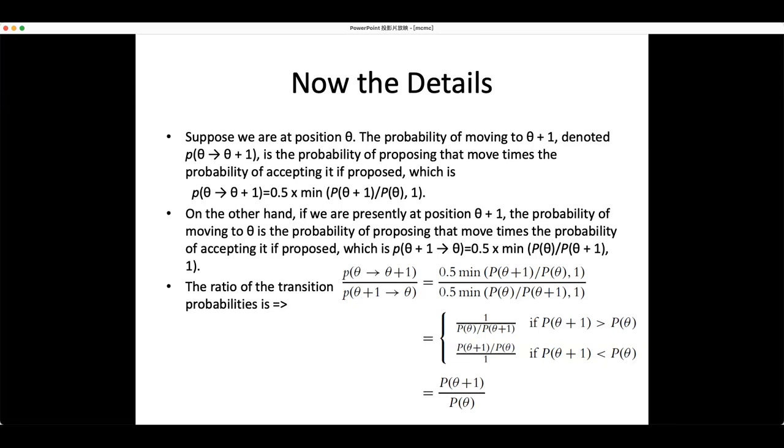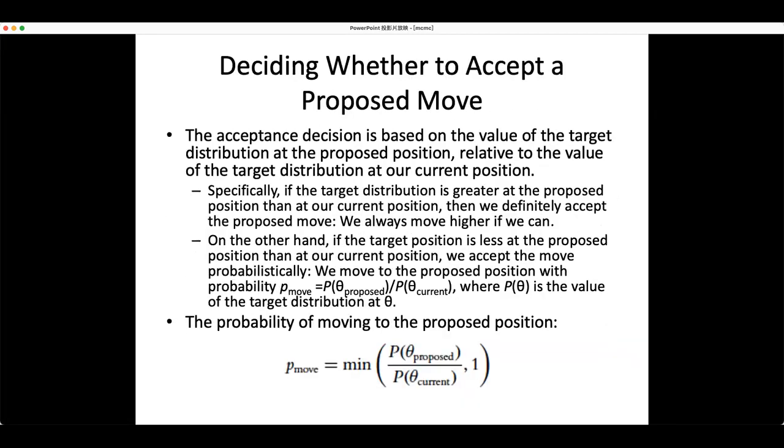So P of theta to theta plus 1 is 0.5 times the min of P of theta plus 1 divided by P of theta, and 1. We know this from this Metropolis equation, right?